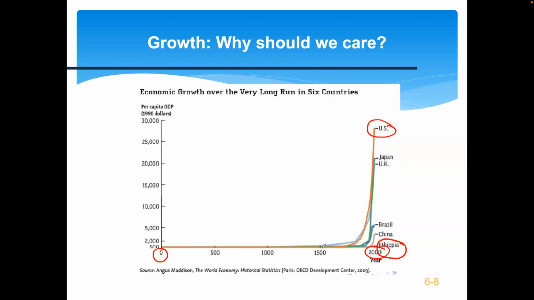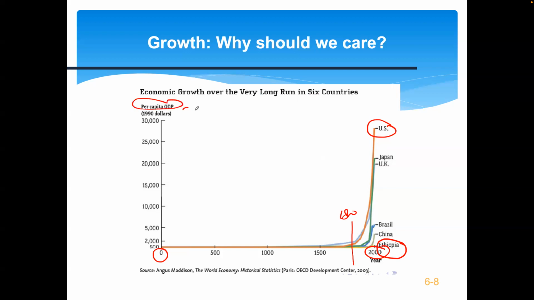There are a few things that are interesting to point out. If we look at human history, if you divide these 2000 years into 2 time periods, one is before 1800, the other is after 1800. What pattern do we see? Before 1800, for a long period of time, there wasn't much growth in per capita GDP.